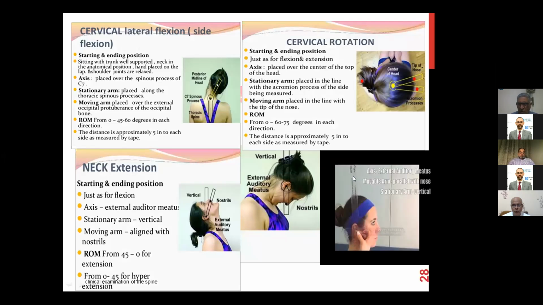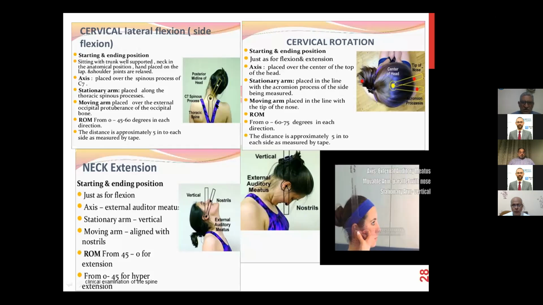One limb of the goniometer is facing the ceiling, the other limb is facing the nose of the examiner. This is flexion. This is the upper limb, the lower part, and we measure this angle. The other, this is in neutral position. We measure the angle between the 90 degrees and this one, which can be about 80 degrees or 85 degrees.